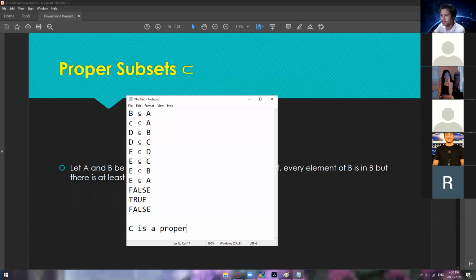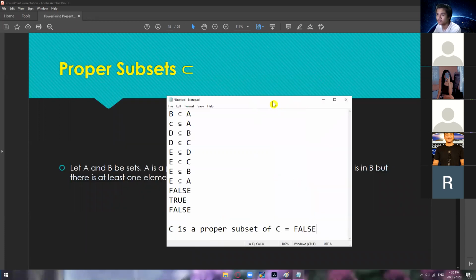So basically, let's say we have set C and then set C. C is a proper subset of C is false.